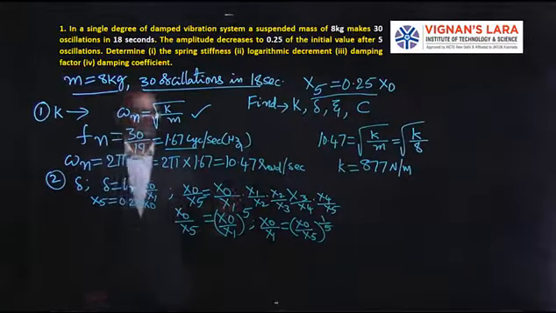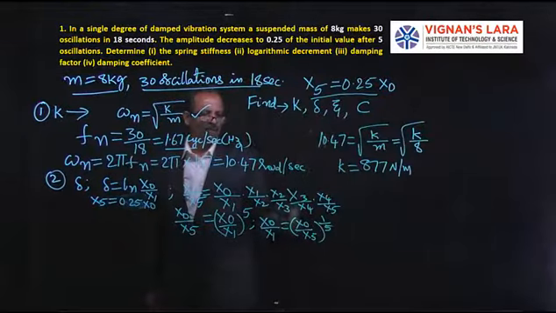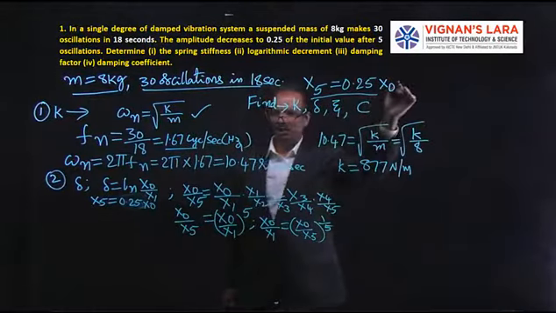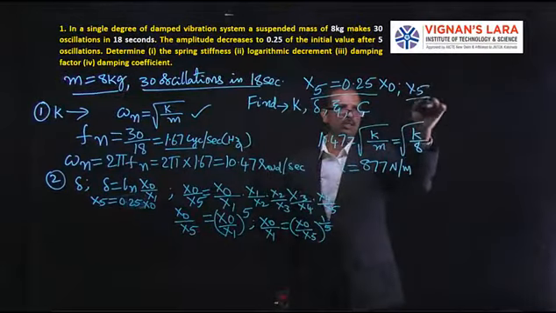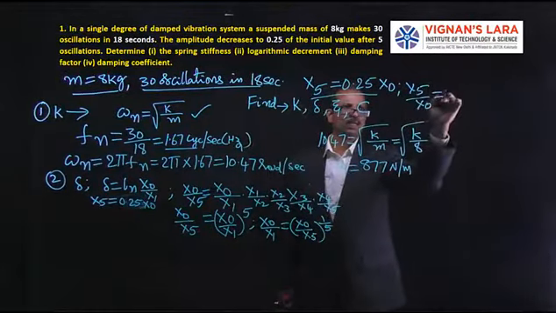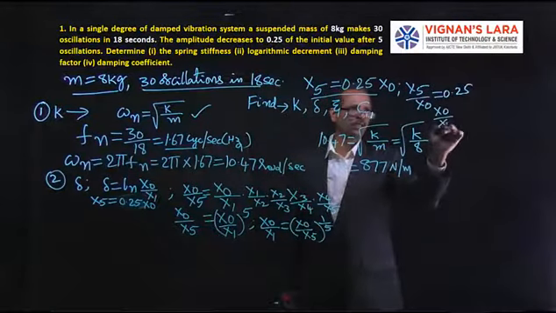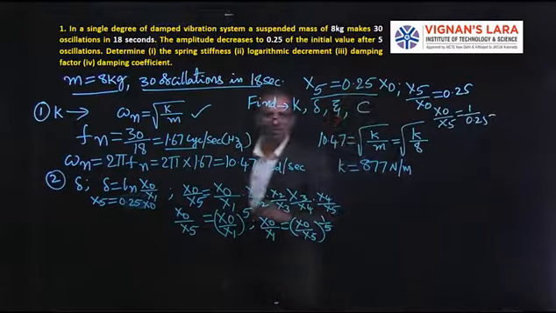So here you can see what is x naught by x5. So x naught by x1 is required, and here you are aware of it from the basic equation. X naught by x5, here you can write x5 by x naught is 0.25, or x naught by x5 is 1 by 0.25.